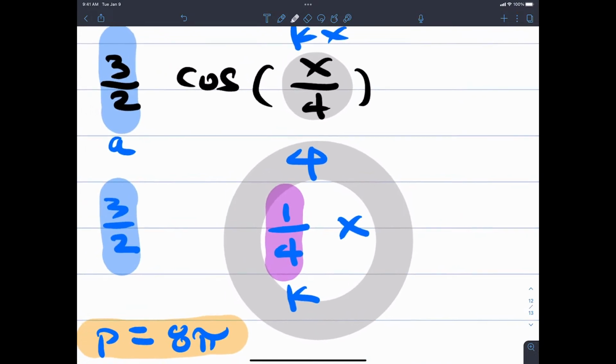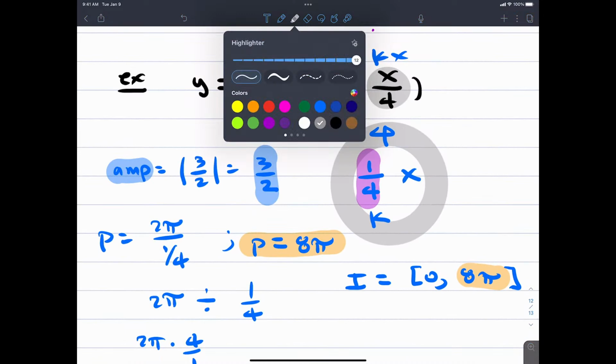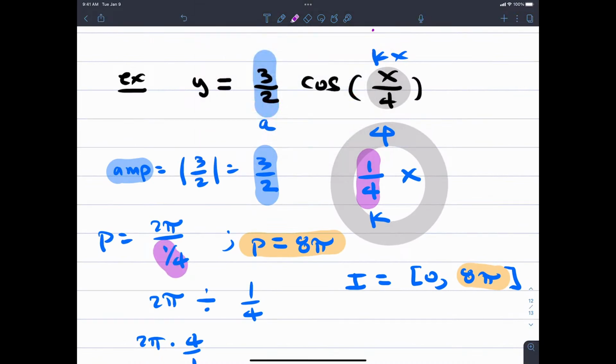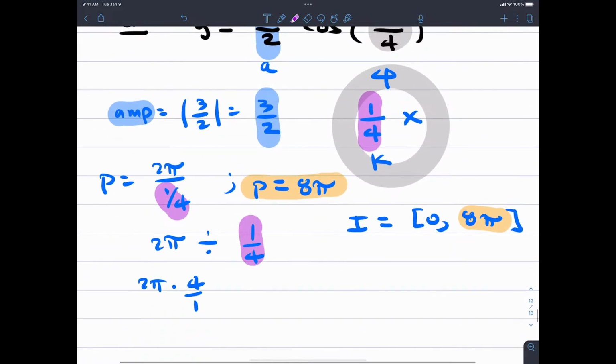So that means k is going to be now what? K is 1/4. So then a whole number like 2 pi divided by the 1/4 becomes 2 pi times 4. In other words, your period is 8 pi. So you start at 0 and you end where? 8 pi.